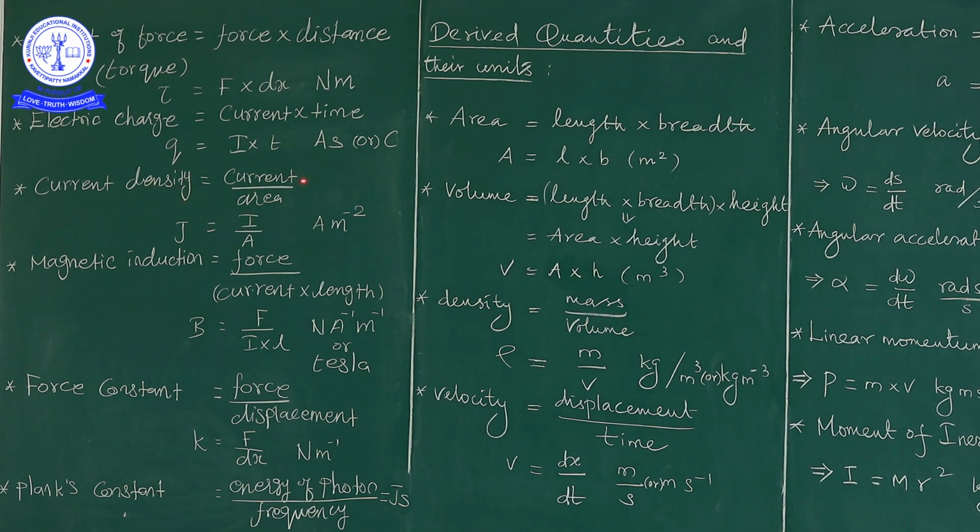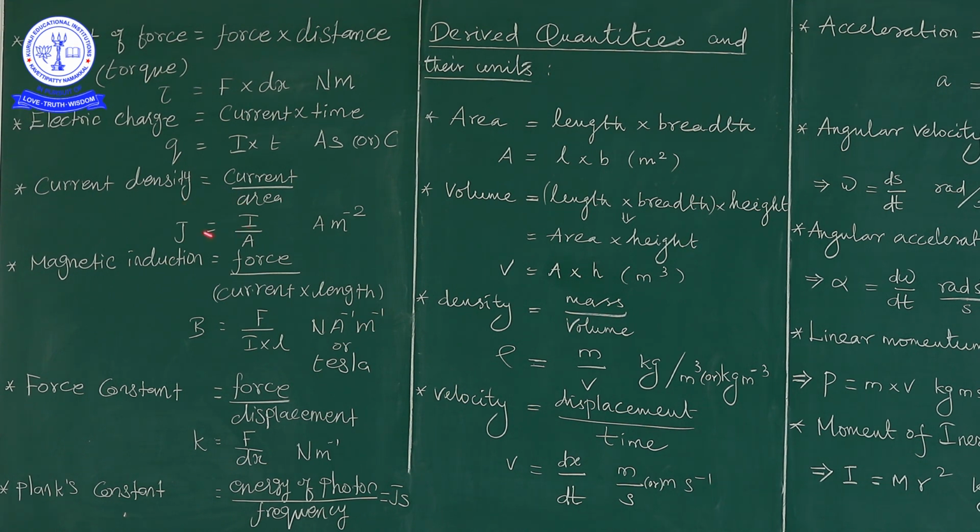Current density is the ratio of electric current by area. Already we discussed that the unit of electric current is ampere and the unit of area is meter square, but the area is in the denominator. So we write meter power minus 2 as the unit for current density.